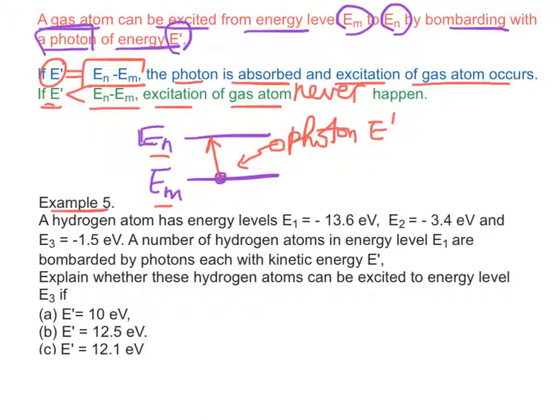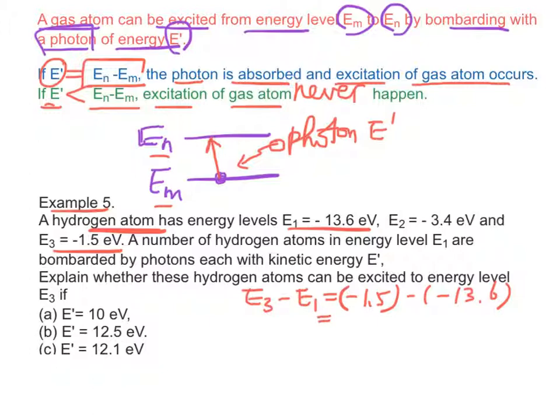Example 5. In order for the atoms to be excited from E1 to E3, the energy needed is E3 minus E1, which is equal to negative 1.5 minus negative 13.6, which is 12.1 eV.